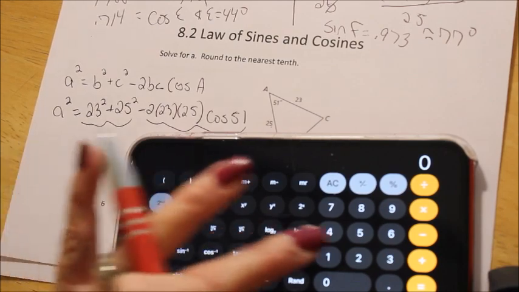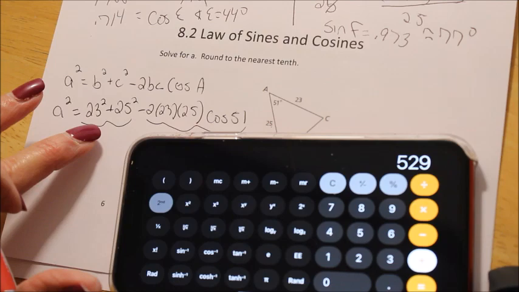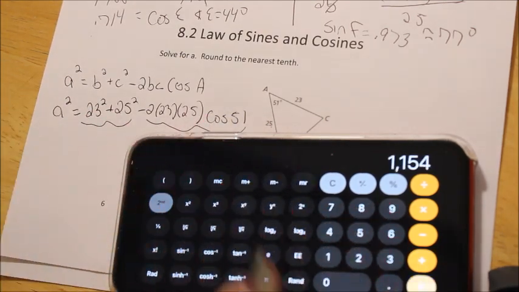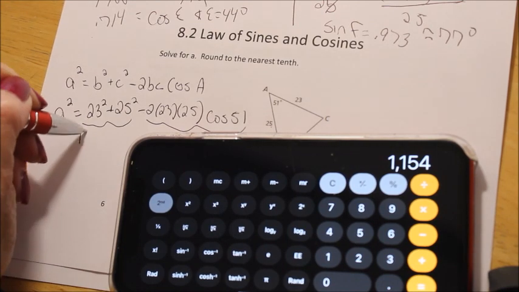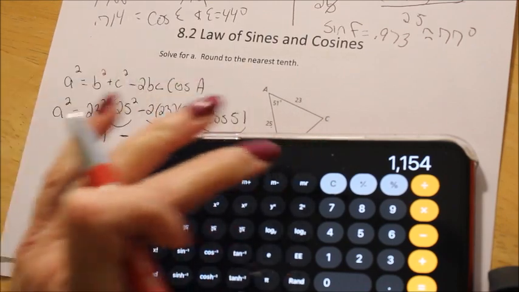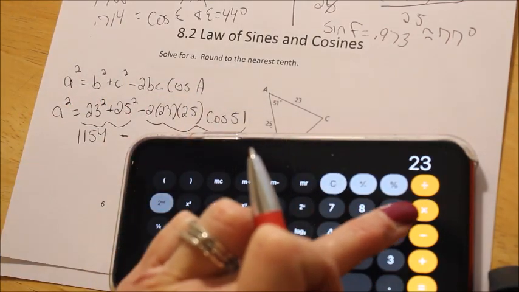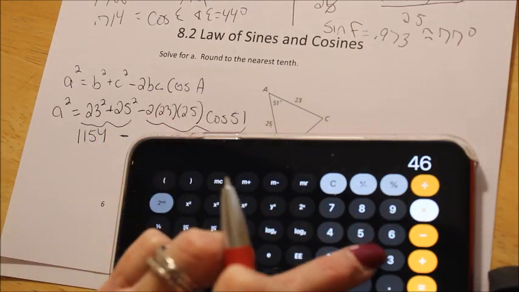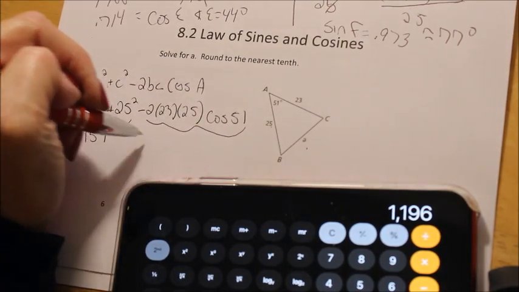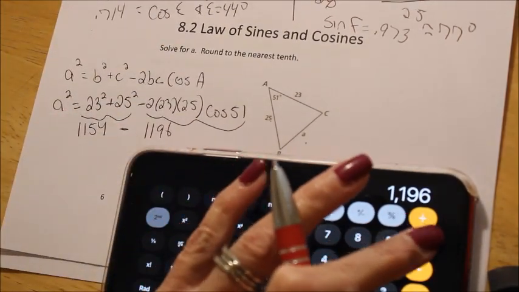23 squared plus 25 squared equals, okay, so that I'm going to put 1154 minus, now I'm going to get one big number for that. I'm going to go ahead and hit clear. 2 times 23 times 25. I'm going to go ahead and get an answer for that. And then now I'm going to times that.